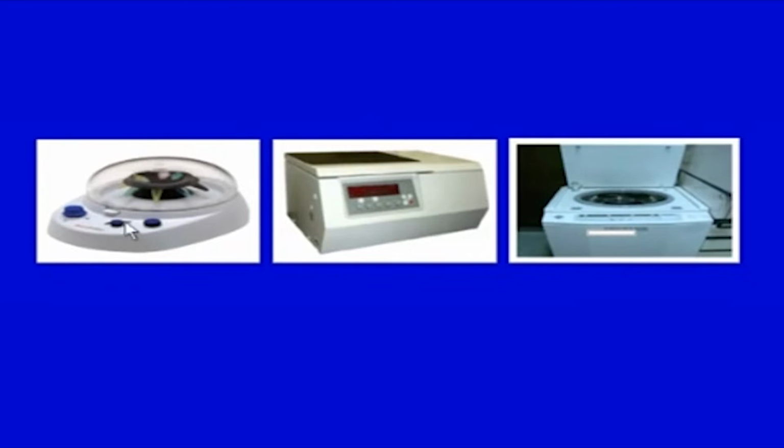The various applications that can be performed depend on the relative centrifugal field. You can see here some examples: a very small microcentrifuge or microfuge, a quick spin type centrifuge. There is a tabletop refrigerated centrifuge, and these are somewhat larger floor model centrifuges.